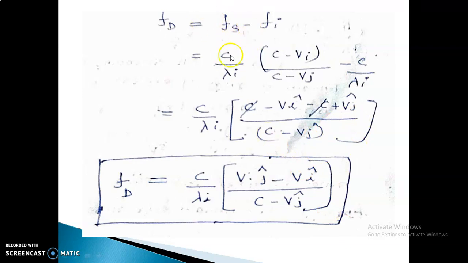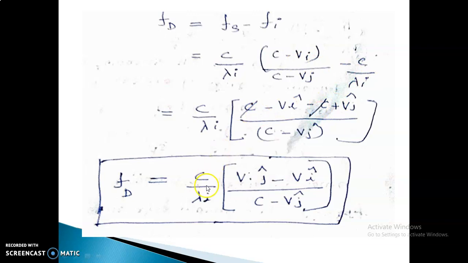Fs you have already calculated, and Fi also you have already calculated. If you substitute, you will have C by lambda I of C minus Vi, by C minus Vj, minus C by lambda I. If you multiply the terms, the C term will get cancelled.